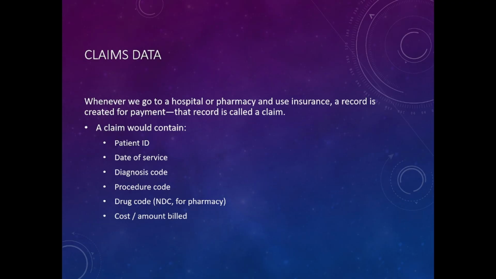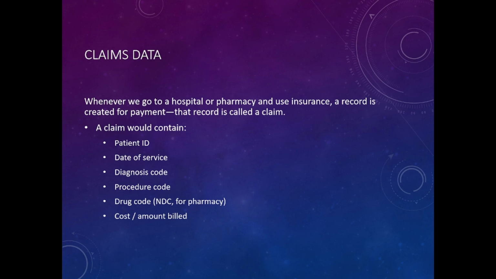It contains the patient ID and the date on which the service was provided. For example, the patient got admitted for some indication: the identifier of the patient, the service date on which the patient got admitted, and what was the diagnosis. Let's say it was a stroke, then we'll have a diagnosis code for it.